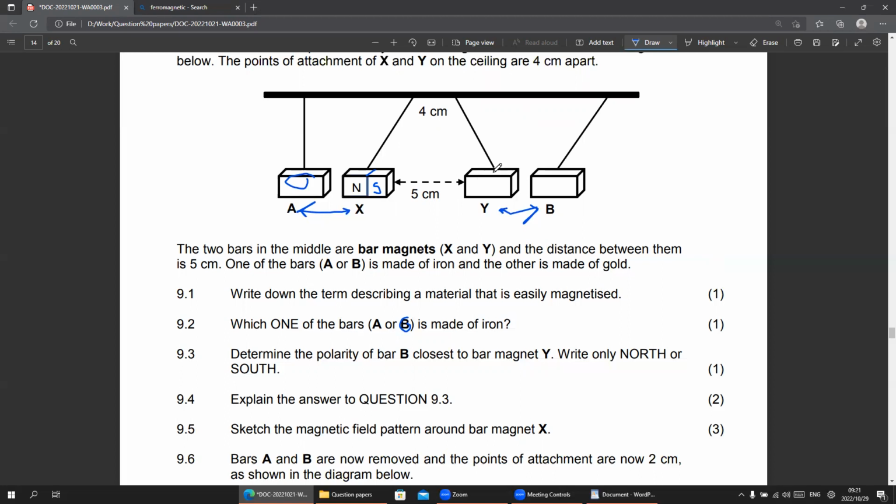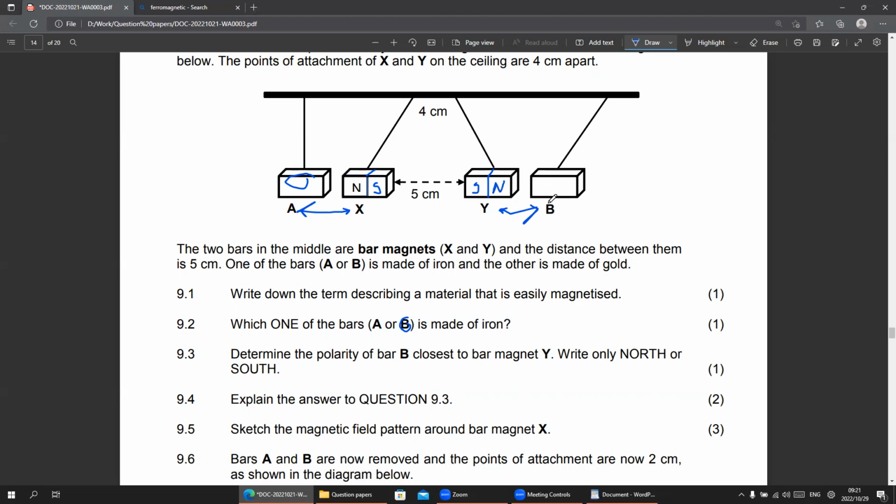So that means the poles that were next to each other are alike. And you know, like poles are gonna repel and unlike poles are gonna attract. So that means when you divide Y into two, this is gonna be a south pole because they have to repel each other, and this is gonna be a north pole.